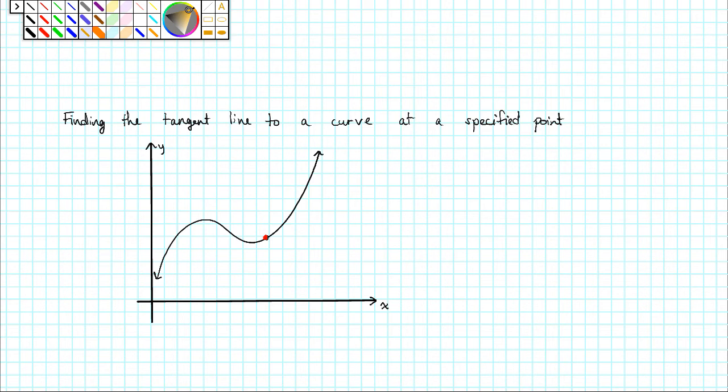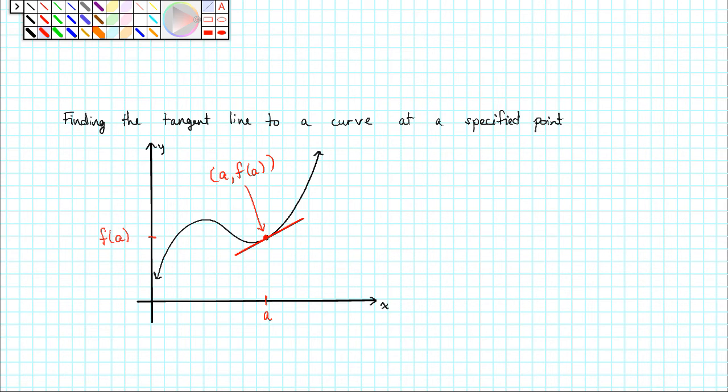All right, so the way we're going to do this, we're going to start at this point P, at some point A, where the input coordinate is A, and the output coordinate is going to be f of A. So this is the point A, comma, f of A. That's our goal.